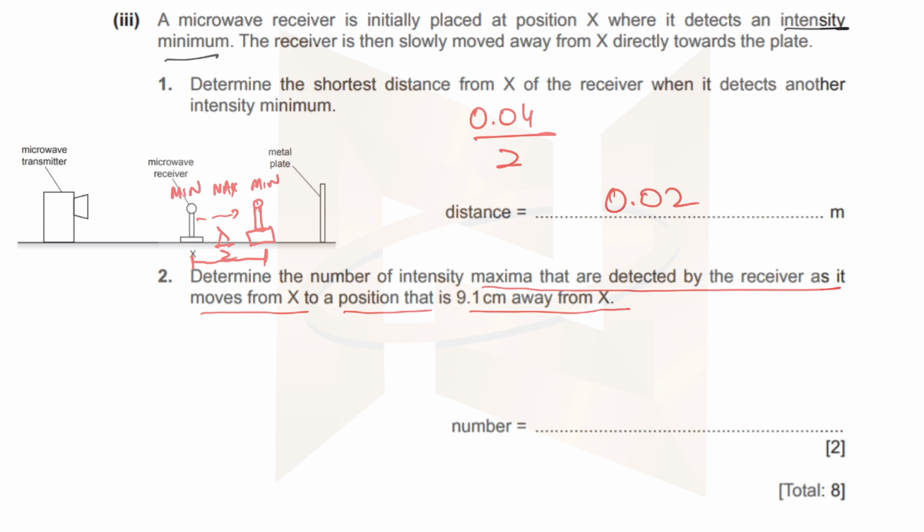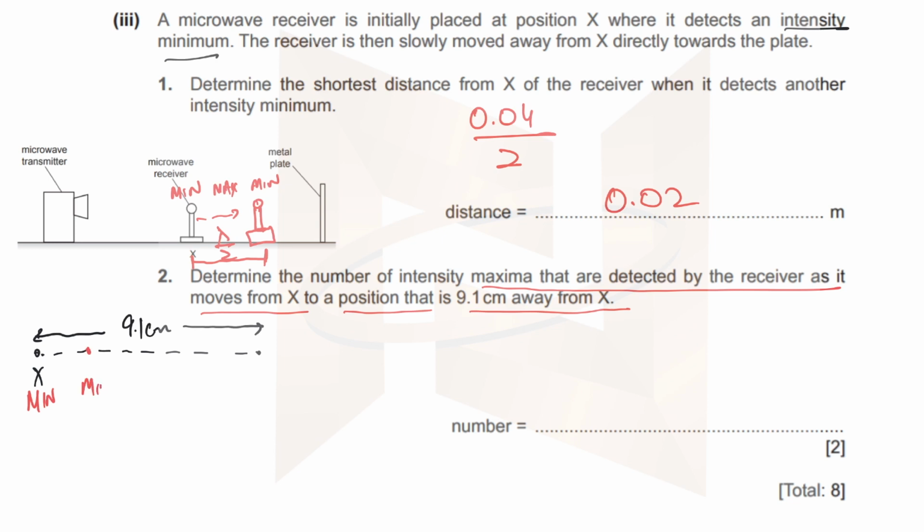Now, you want to calculate the number of intensity maximas. The distance they're giving you from X to that point, so let's say this is X, and this is that point, is 9.1 centimeters away. Now, you started with a minima here.